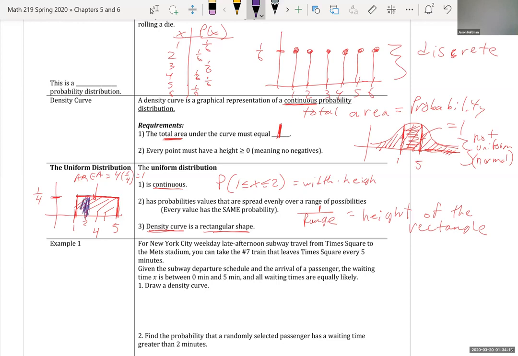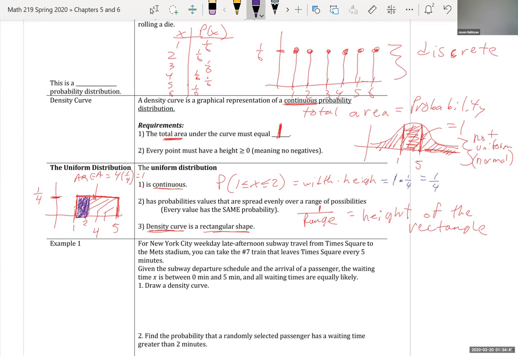We just want 1 to 2, right? Well, what's the range from 1 to 2? It's just 1. So this would be 1. And then what's the height? The height is that 1/4. So that's just 1 times 1/4, which is equal to 1/4. So the probability of holding your breath from 1 to 2 minutes is 1/4.